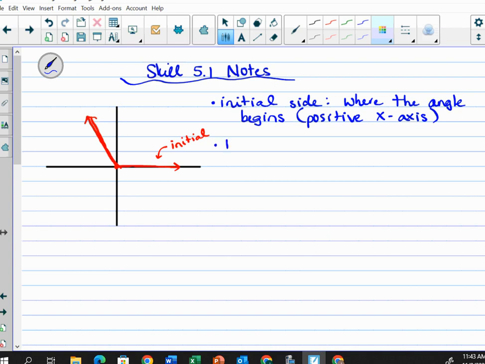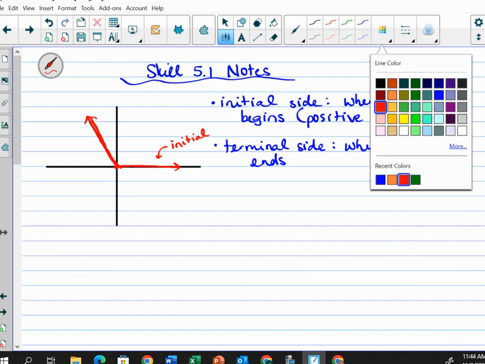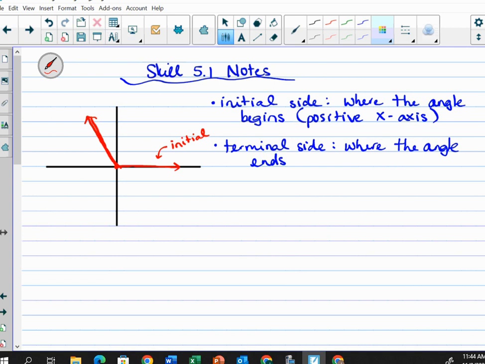Up next, I have the terminal side. What do you think the terminal side is? Where the angle ends. So this side over here is the terminal side.